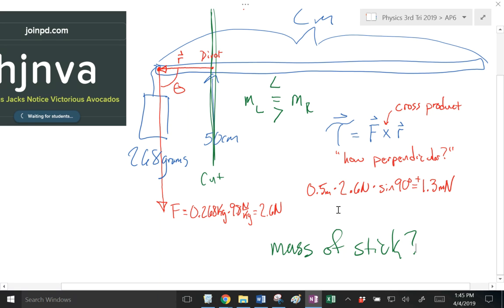So the total on the left was positive. On the right was negative. Okay, so this is 23%.